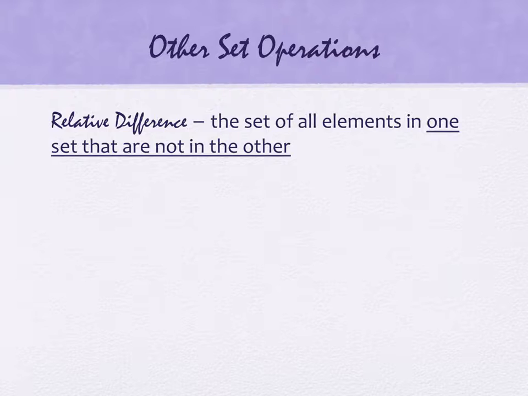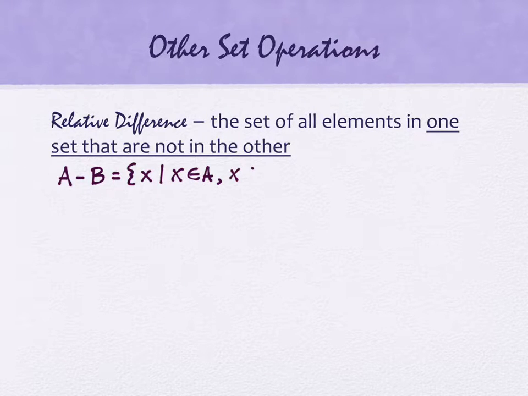It looks like subtraction, A minus B. This is the set of all x such that x is an element of A and x is not in B. You can write the word "and" between them if you want. The comma sort of means "and," but both things have to be true. So, a picture for this one.